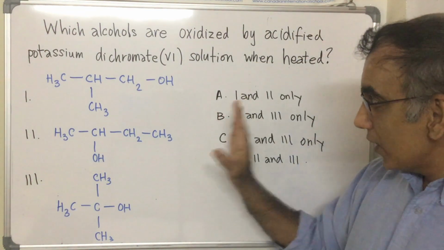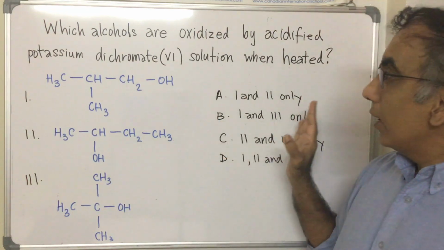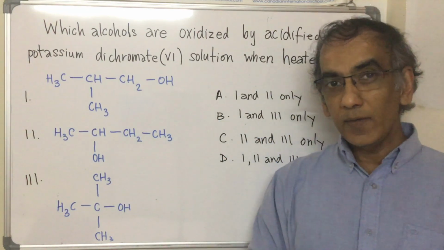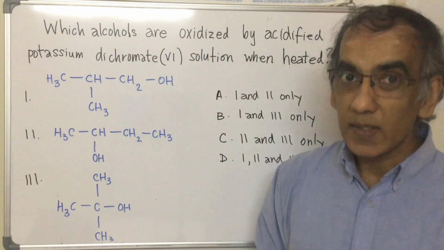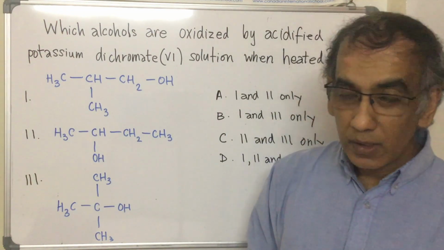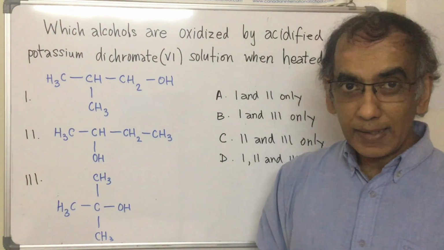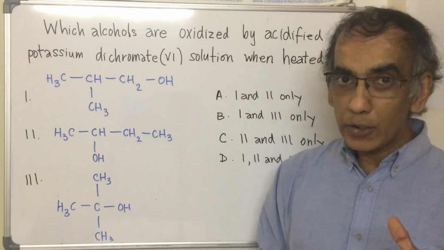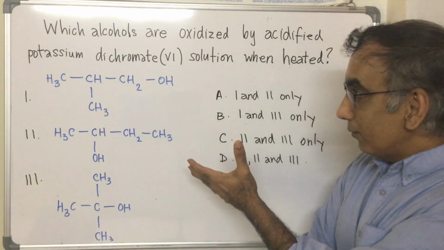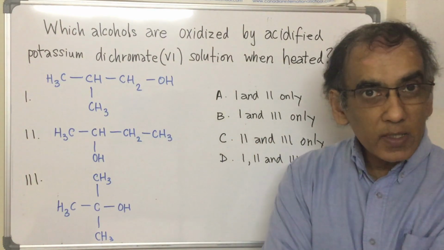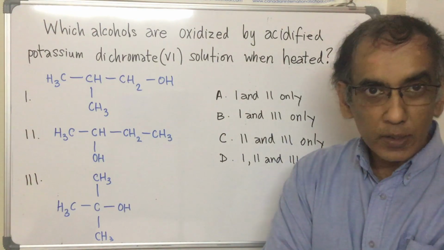But for this particular question, if you did memorize that a primary alcohol can be oxidized, a secondary alcohol can be oxidized, but a tertiary can't, then you still have an issue, because you need to look at this list and say, well, which one is primary, which one's secondary, and which one is tertiary?